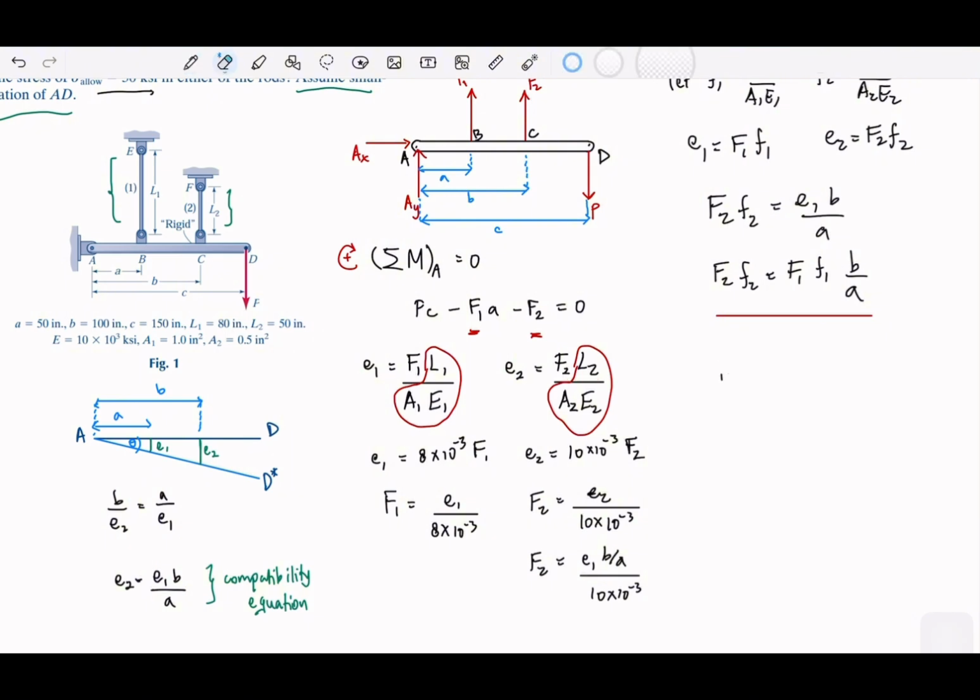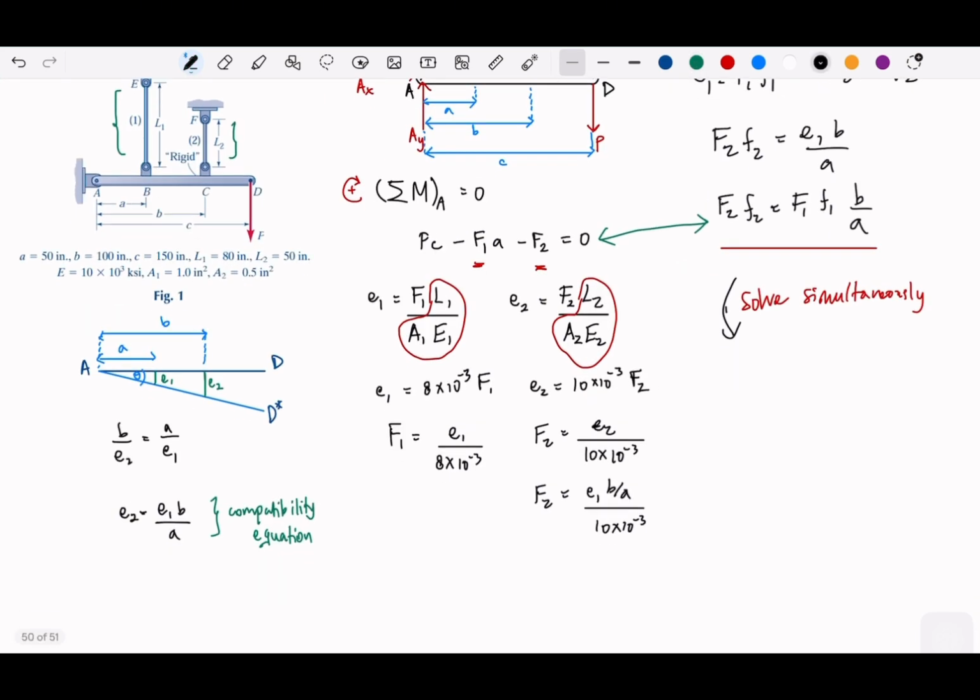Let me just write here to mention that this is solved simultaneously with this. So exchange everything, the F1 and F2.